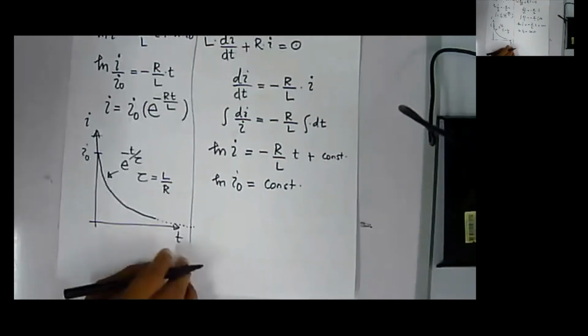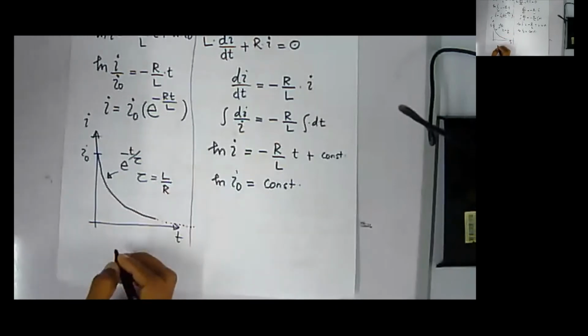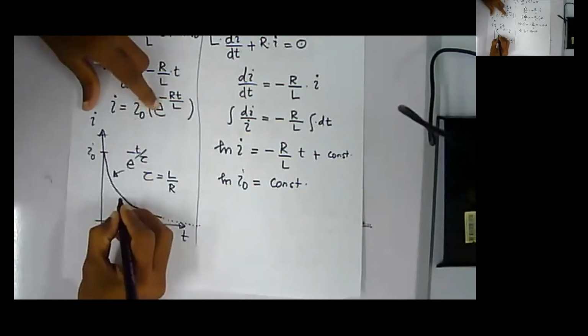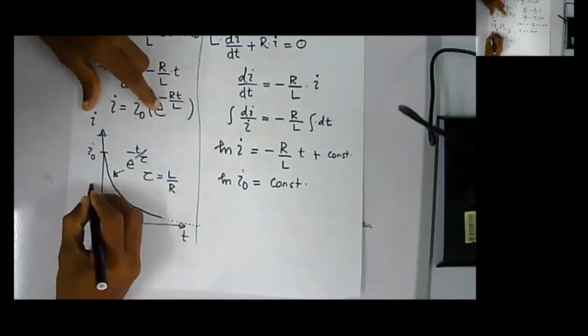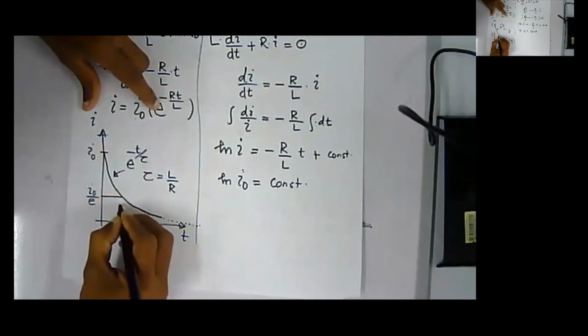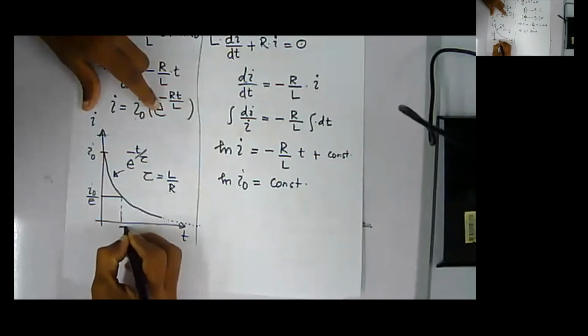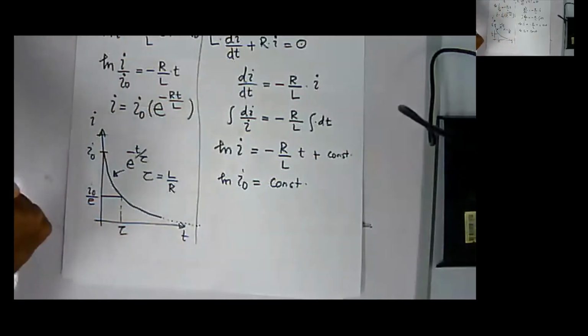At t equals tau, this will be simply I naught by e, where e is 2.71 something.